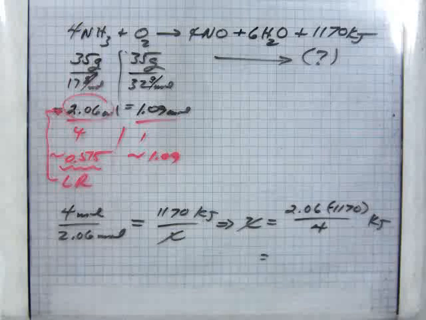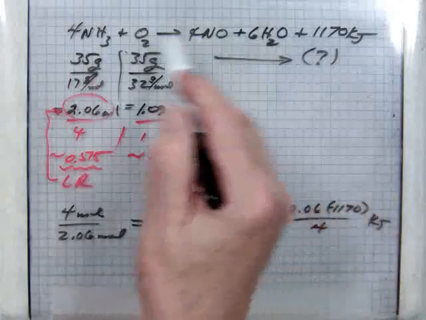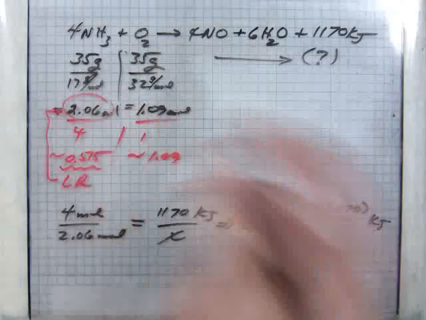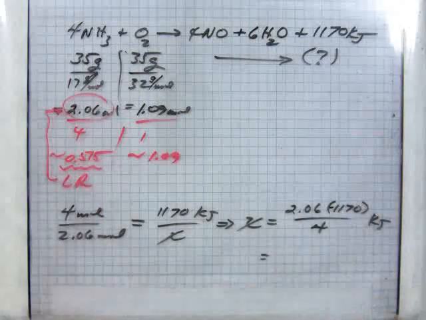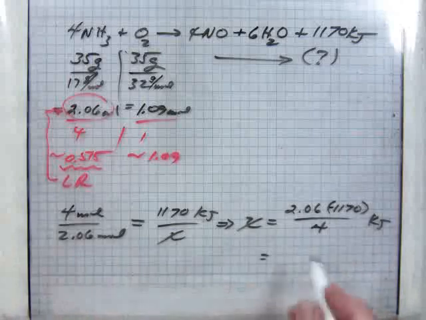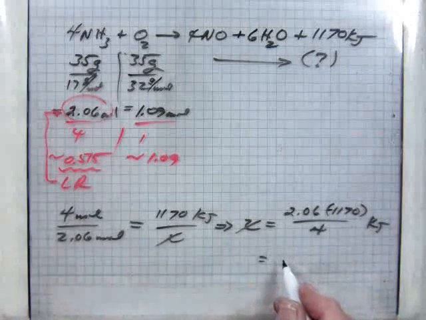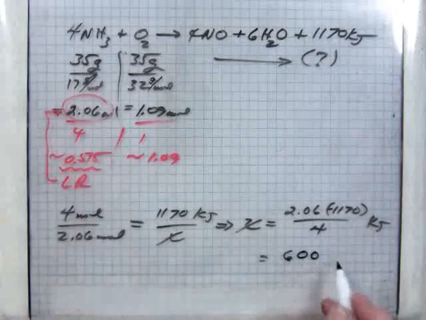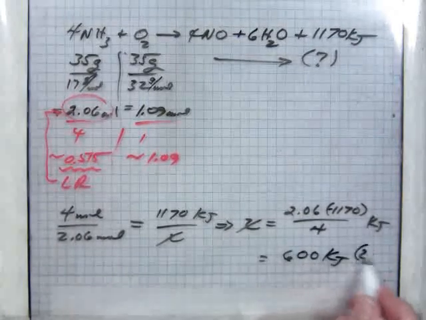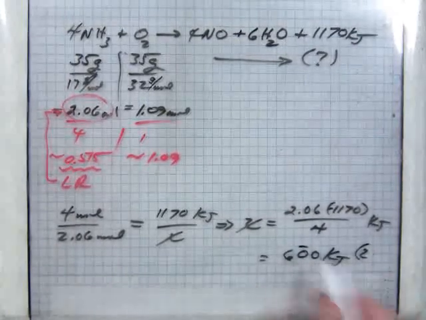I get 600 when I've got 2 sig figs in the data given, so we'll go 600 kilojoules, 2 sig figs, and put a bar over the first zero.